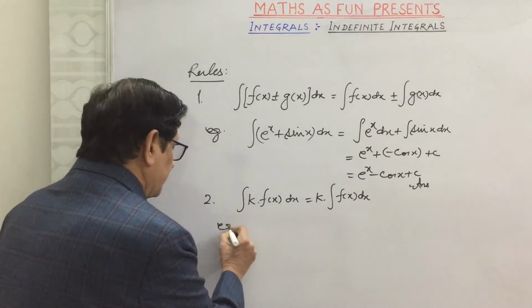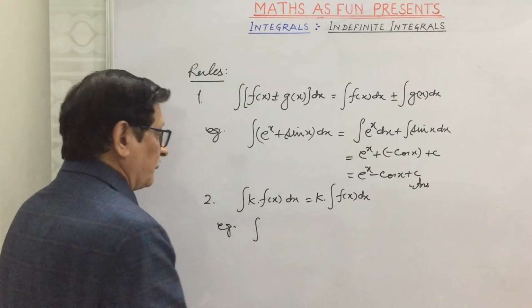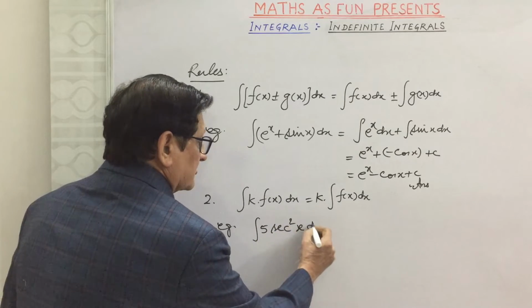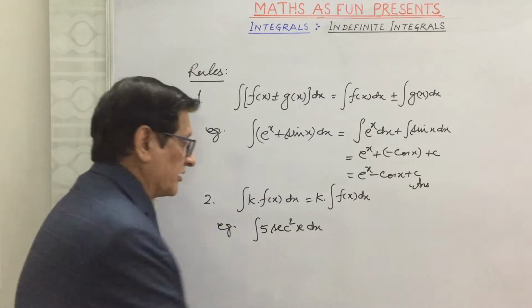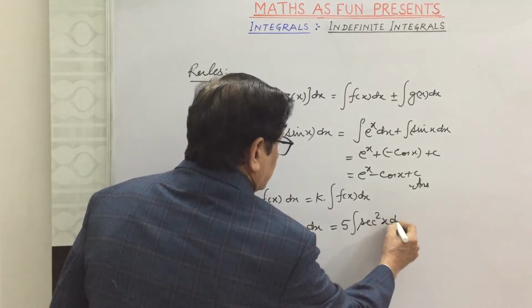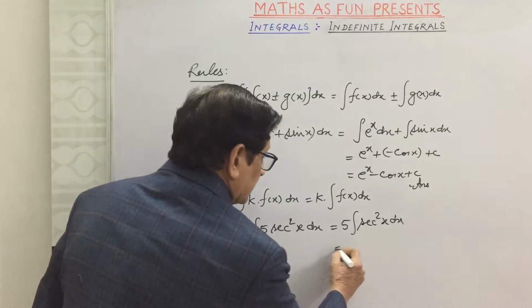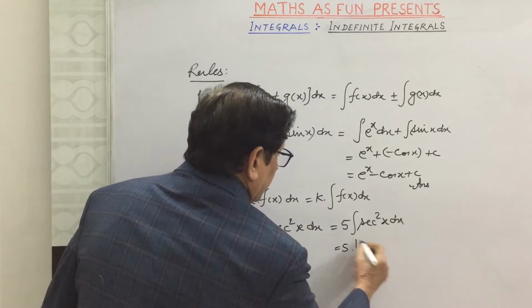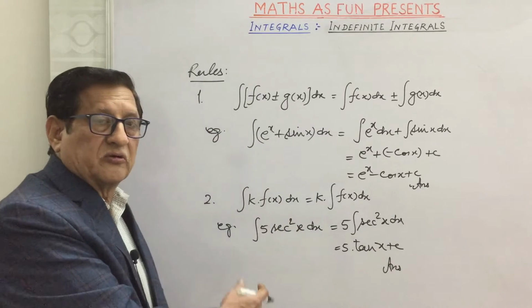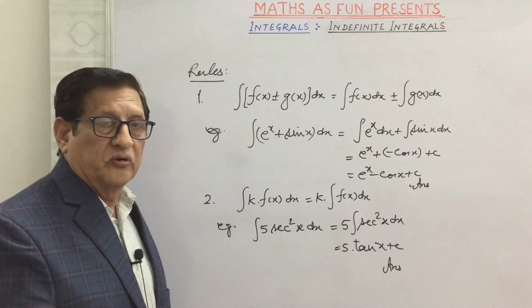Let's take one example for this also. Suppose we have to find the integral of 5 sec square x. We can write this as 5 into integral of sec square x, which is 5 into tan x plus c. So these are the two rules which we can follow for integration.